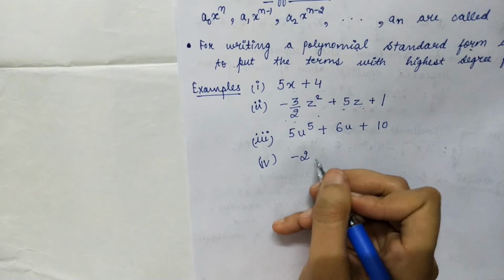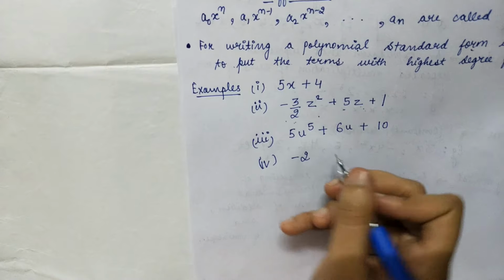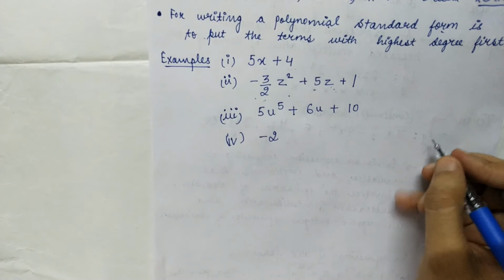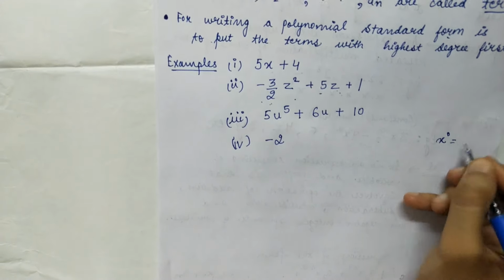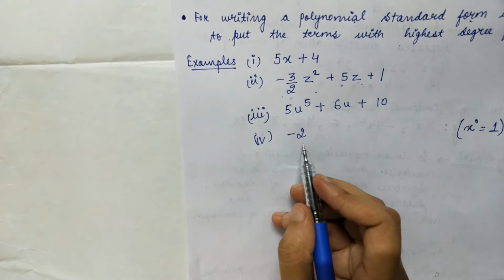Here the exponent of the variable is 0, and we know that any number to the power 0 is 1, so this is a constant.